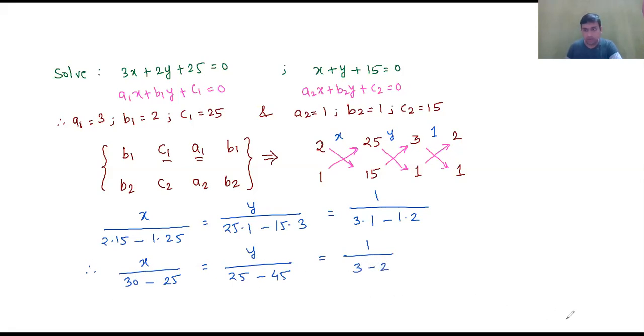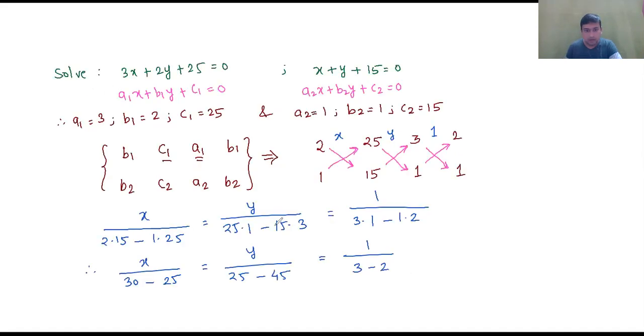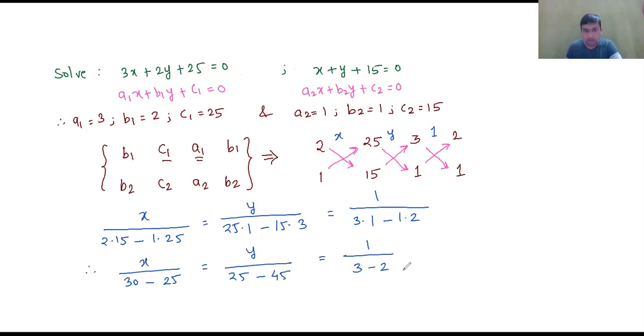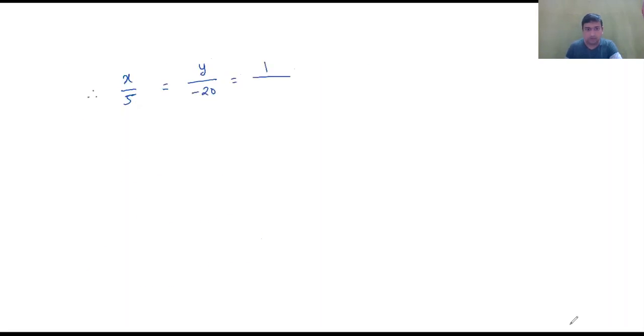So you will get x upon 5, which is equal to y upon, what is 25 minus 45? y upon minus 20, which is equal to 1 upon 3 minus 2, that is 1.